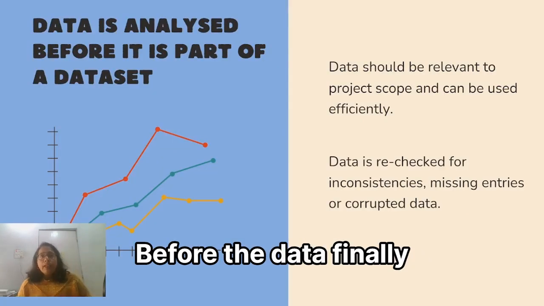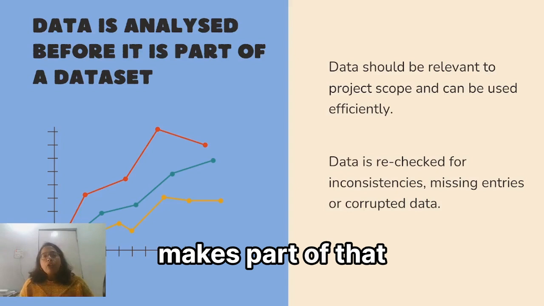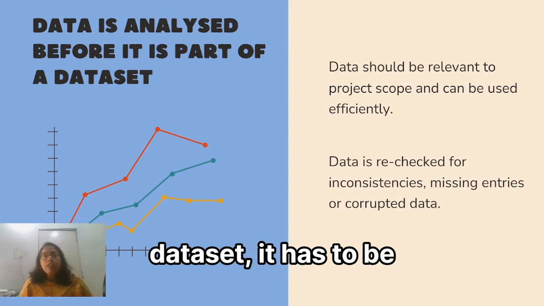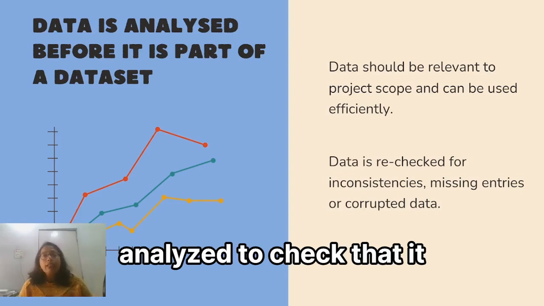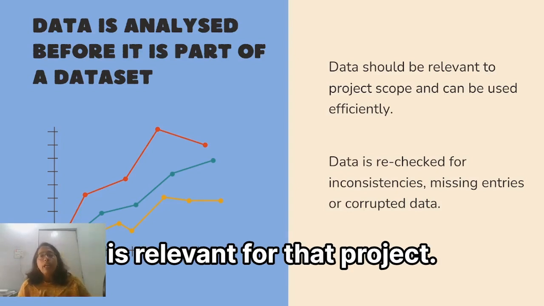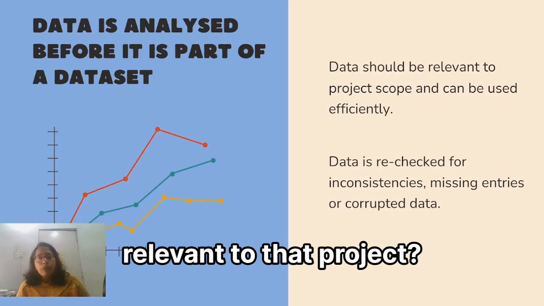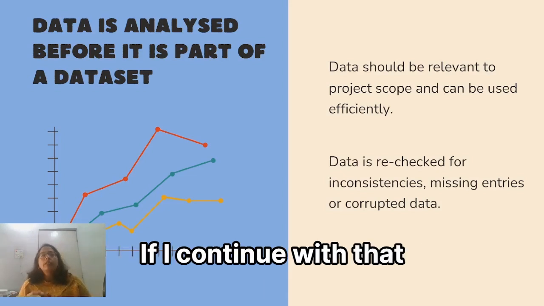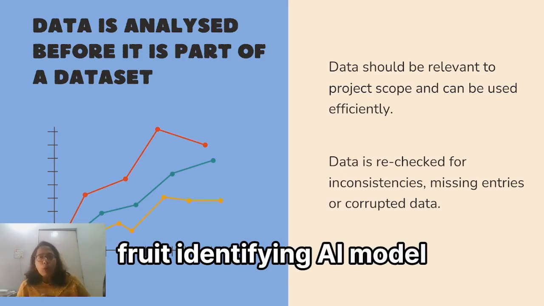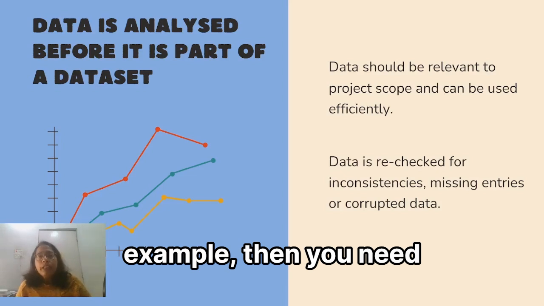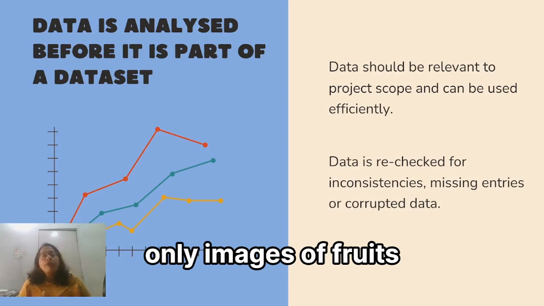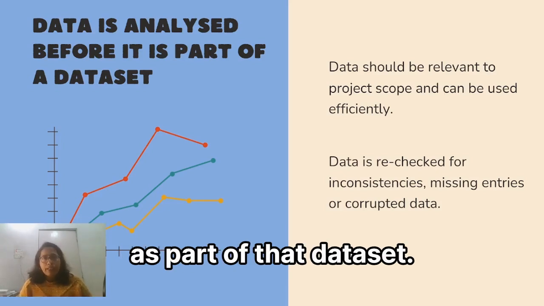Before the data finally becomes part of that data set, it has to be analyzed to check that it is relevant for that project. What do I mean by relevant to that project? If I continue with that fruit identifying AI model example, then you need only images of fruits as part of that data set.